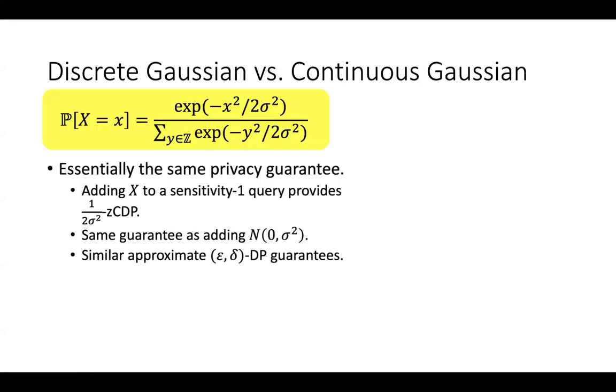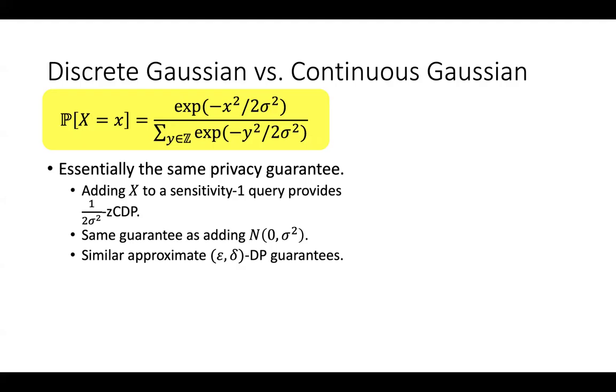Okay, so let's just start by doing a comparison in terms of privacy and utility between the discrete Gaussian and the continuous Gaussian. Again, here's the definition of the discrete Gaussian. And our results show that you have essentially the same privacy guarantee.